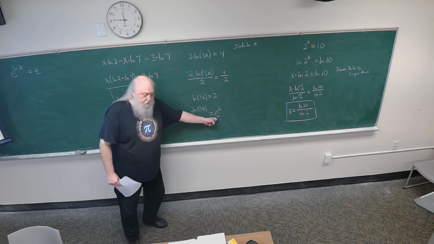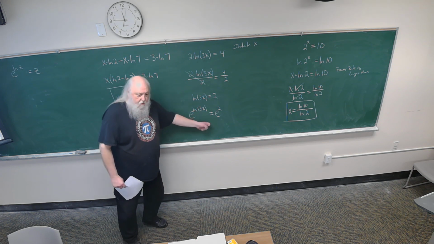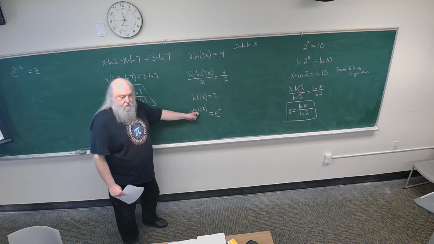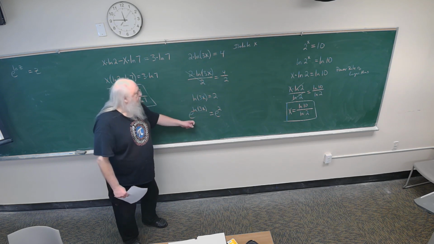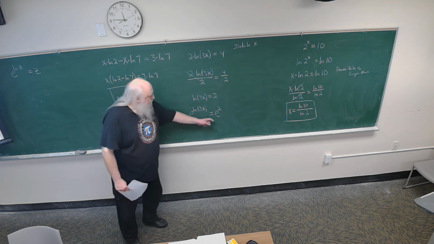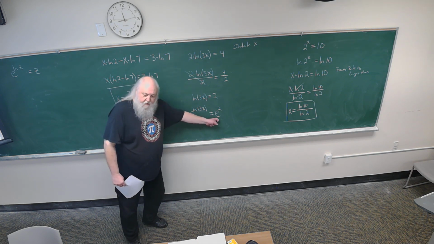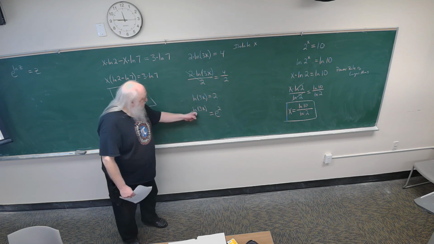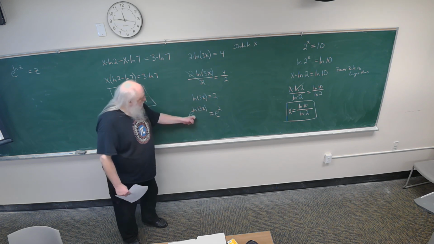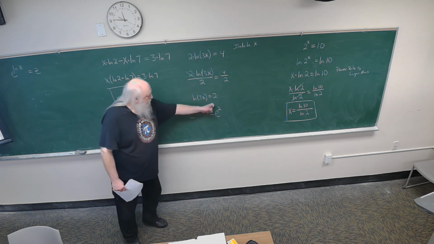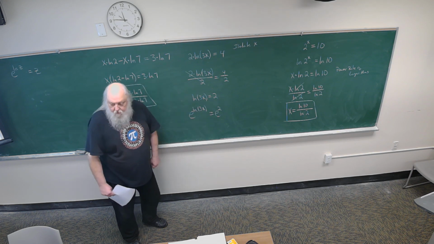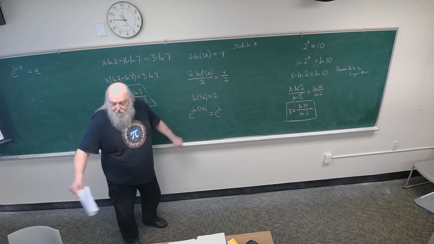Exponential on the left equals the exponential on the right. So the exponents must be equal. Or let me rephrase that. The base of the exponential on the left is equal to the base of the exponential on the right, so the exponents must be equal. Natural log of 3x is equal to 2. Okay. So I didn't change the value of anything.